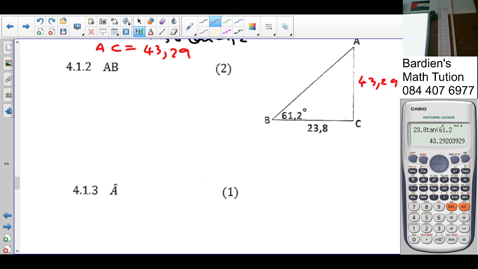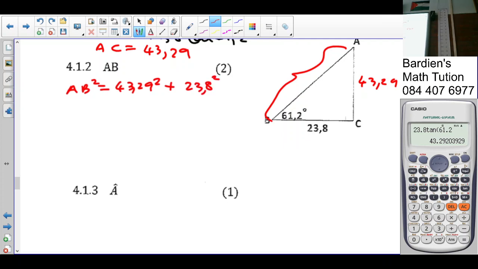To calculate AB, how can I calculate AB? Pythagoras. Or I could have used sine or cos. But Pythagoras, so AB squared is equal to AC, which is 43.29 squared plus 23.8 squared.